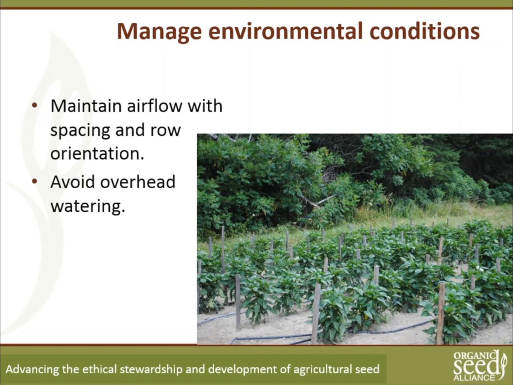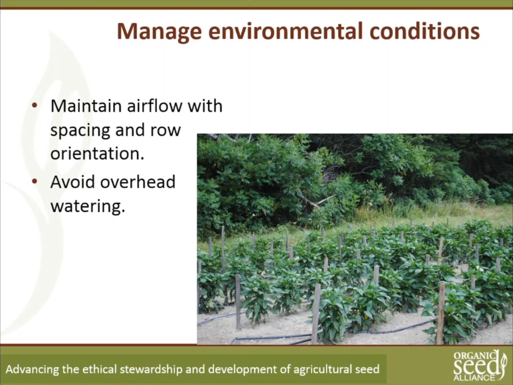Most seed crops require larger, wider spacing than growing those crops for vegetables. So being aware of how much space the seed crops will require and providing that space up front, so that there's always airflow passing through the rows, can be really important.